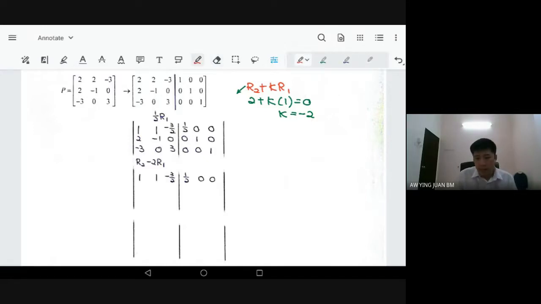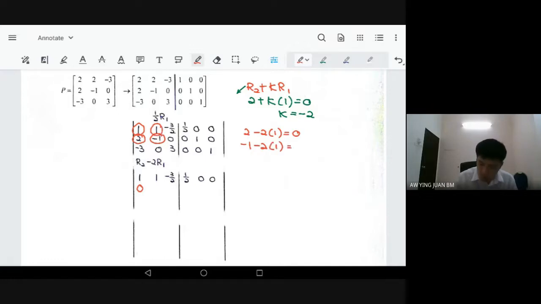So now, let's begin. In here, row 2, which is 2, minus 2 row 1. So the answer is equal to 0. That's why we fill up with 0. Next, row 2: we have negative 1 minus the 2 multiplied with the 1.